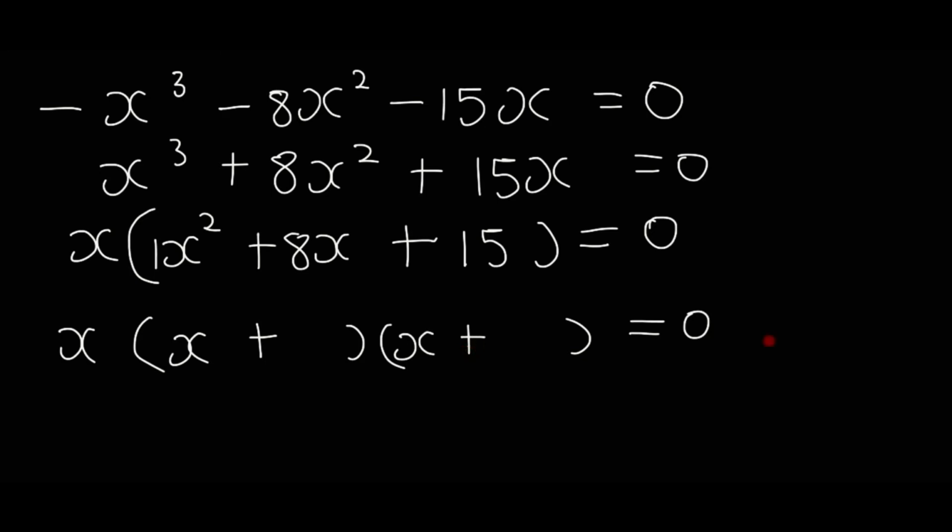And then from there re nyaka di factors tša 15, and then re nyaka gore ge o di multiplier di o fe this one, and then ge o di adder di o fe this one. O ka lemoga gore ke 5 and 3.